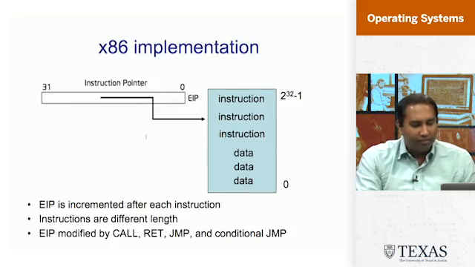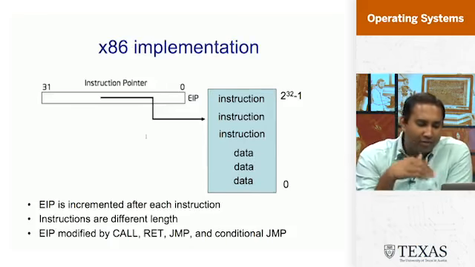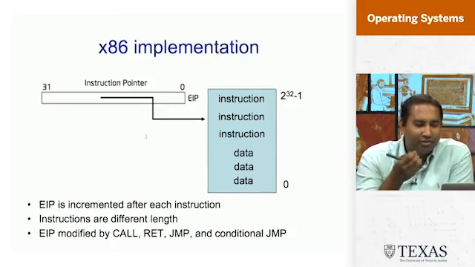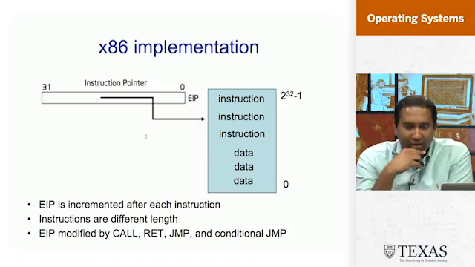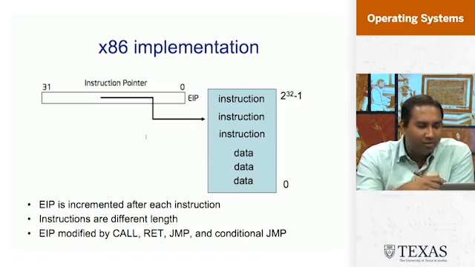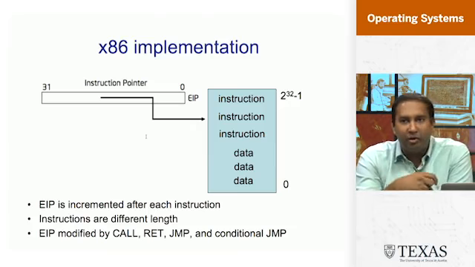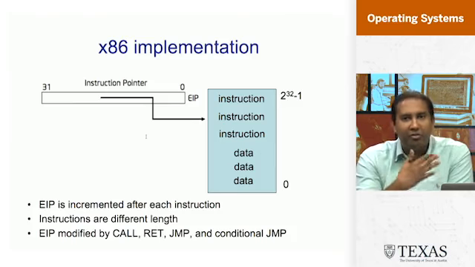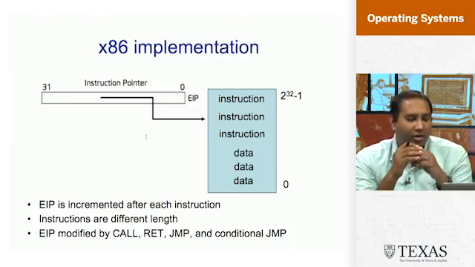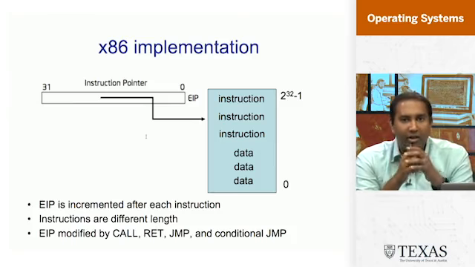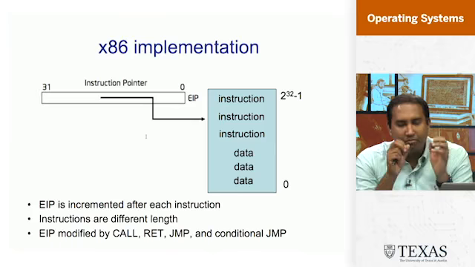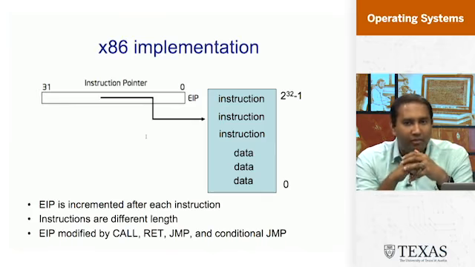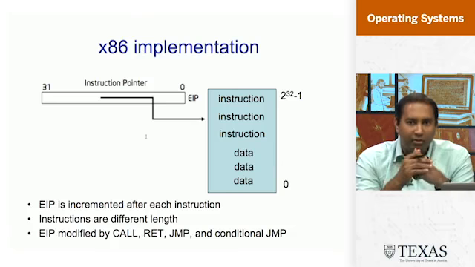All right, so now, if you have a bunch of instructions in memory, how do you know which instruction to execute next? The x86 processor keeps track of it with what is called the instruction pointer, okay? Hopefully you understand what a register is. Registers are really low latency memory, bits of memory stored alongside your processor. So it's a small amount of very fast, limited memory that your processor can access.